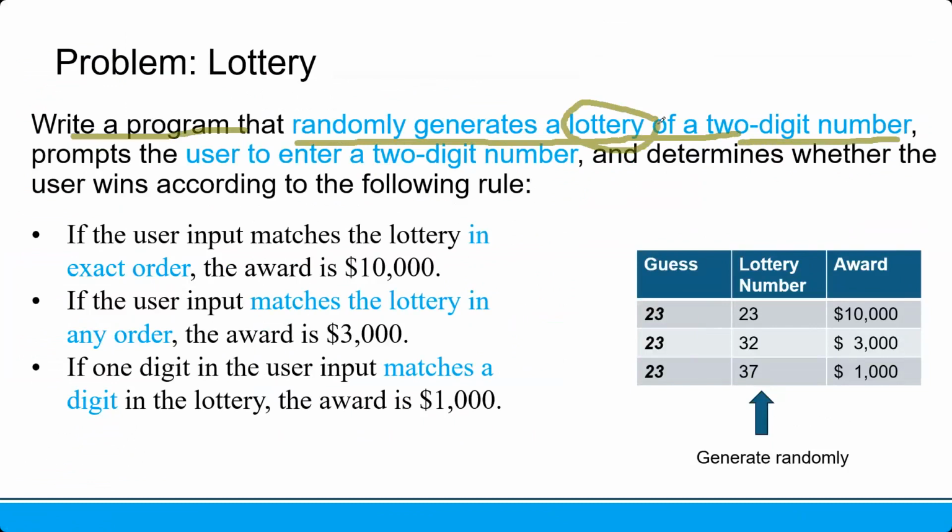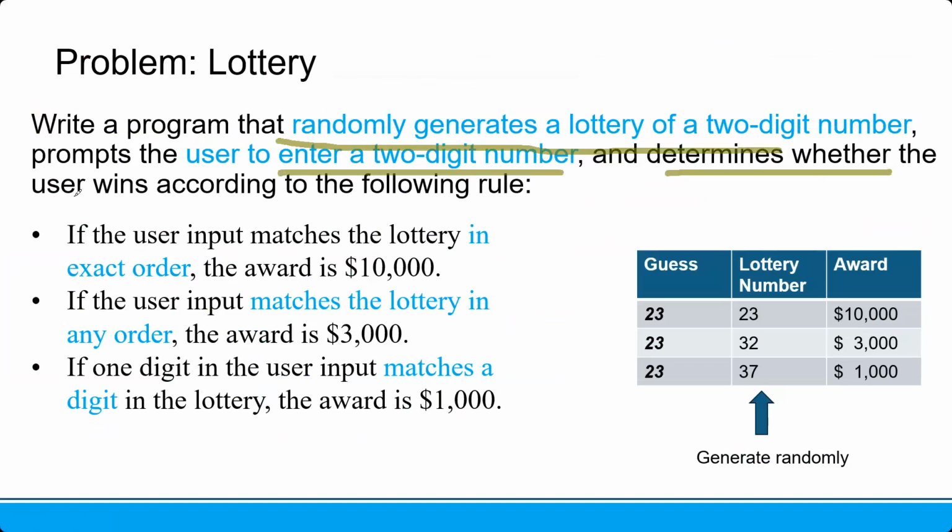Okay, so I want to get two-digit numbers, random. Two-digit means, yeah, 9 or 62 or something. And prompt the user to enter two-digit numbers. So the lottery, the lotto, they will generate random, and I need to guess what is the number.